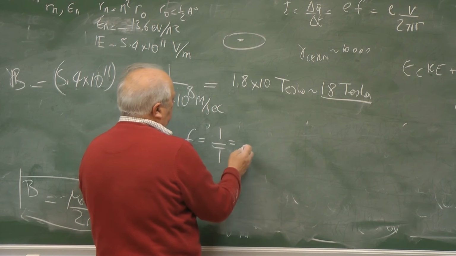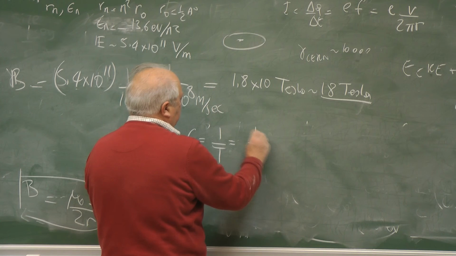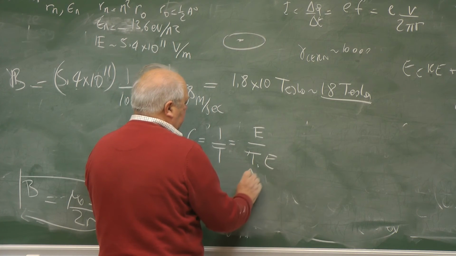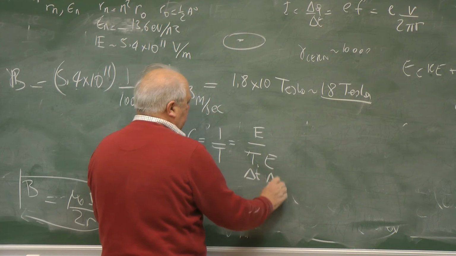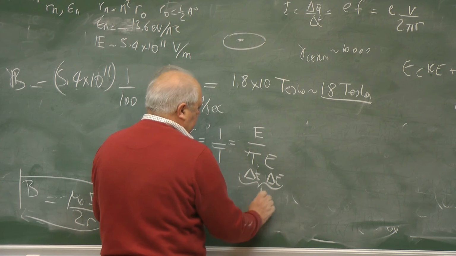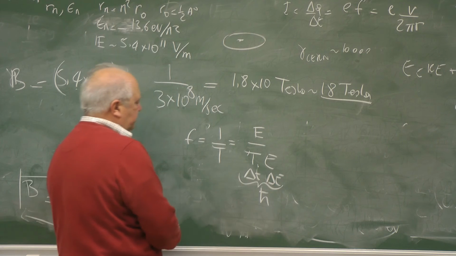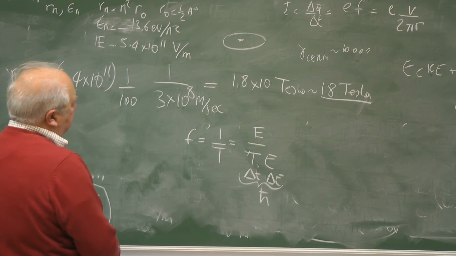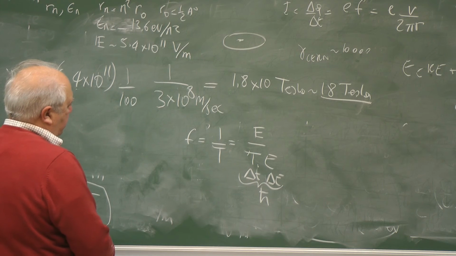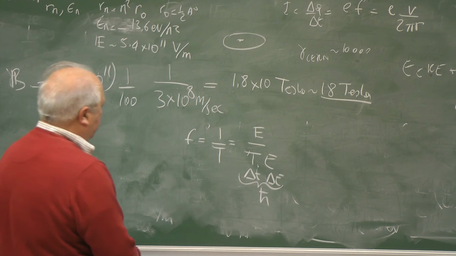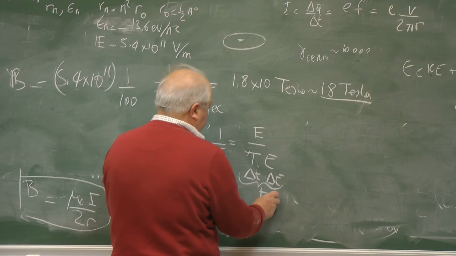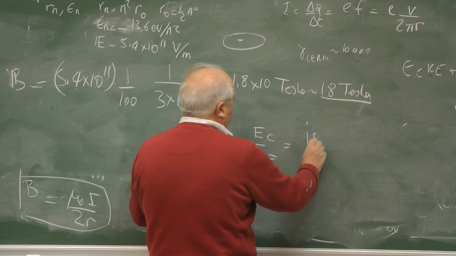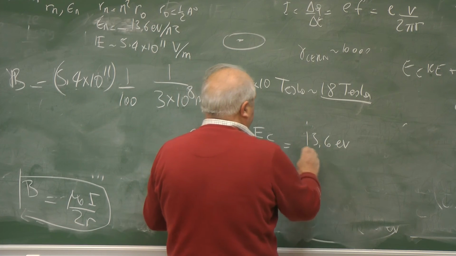One quick way of estimating is to multiply E, T and E. This is like delta T, this is like delta E. The product is like H bar. I multiply by C, and so this is like 13.6 electron volts.